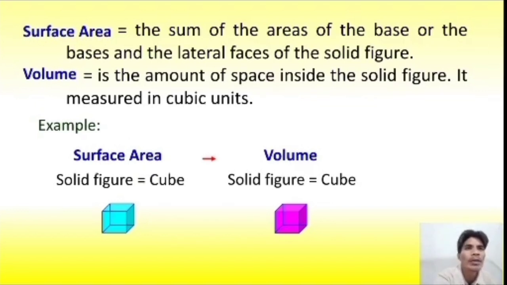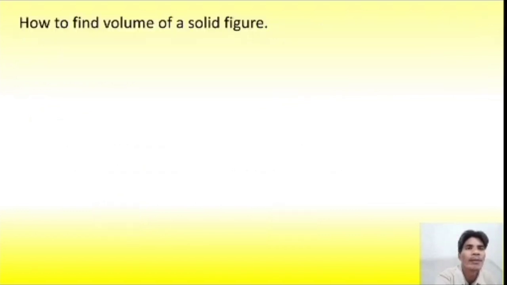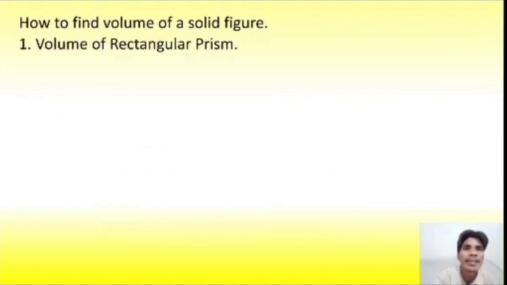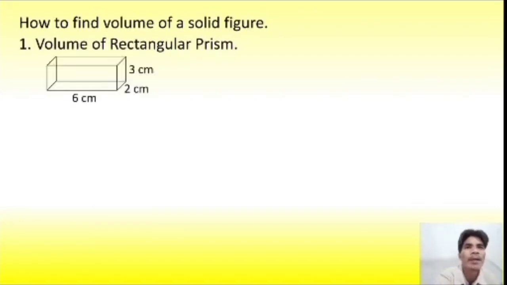So, how to compute the volume? So, number 1, we'll compute the volume of rectangular prism. So, example, the length is 6 cm, the width is 2 cm, and the height is 3 cm.